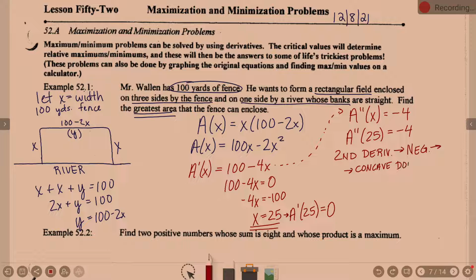And if a graph is concave down, that means it's folded upside down, and so that means there's going to be a max. Okay, so that's kind of your proof. You can't just say, oh, hey, I got this critical point at 25, that's the only one, it has to be the max. You need to have ways to verify, and that's one way to verify.